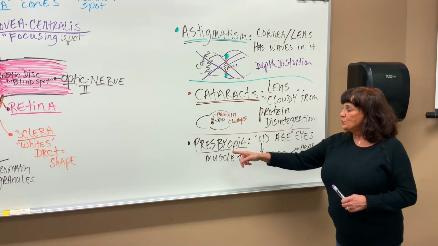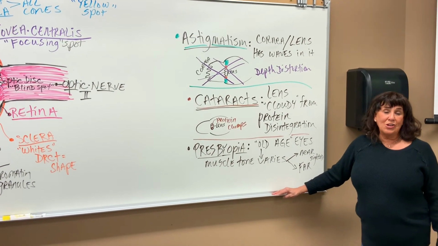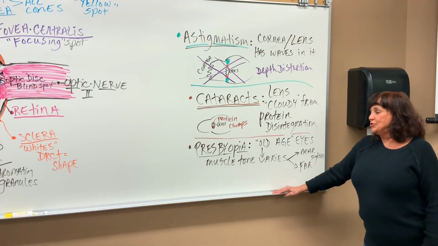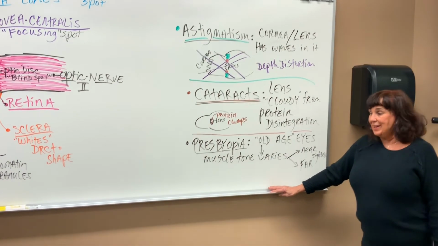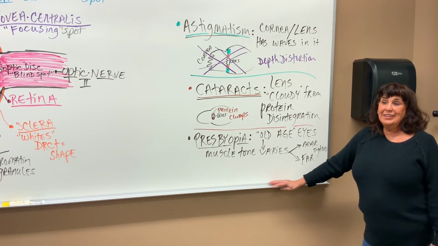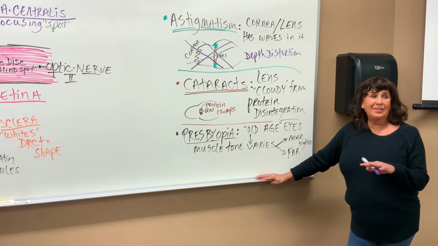All right, and then presbyopia is the last term. Presbyopia means old age eyes, old age. And so I know some of you might have grandparents that go to the eye doctor a lot, and the problem with that is one week they see perfectly, and the next week it's like, oh, I can't see so good.